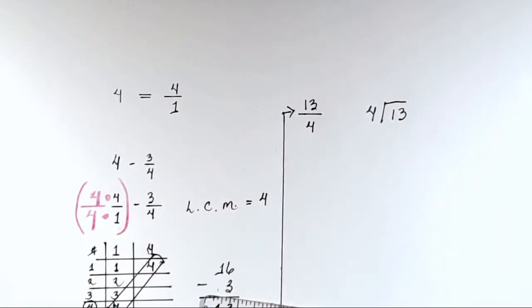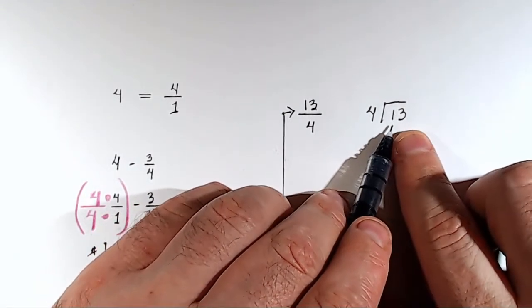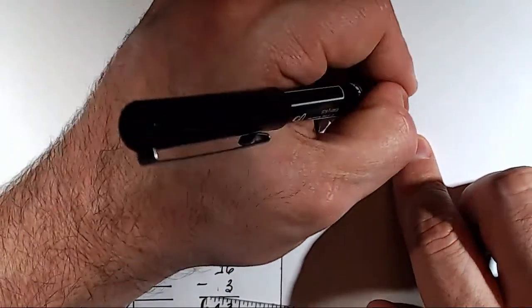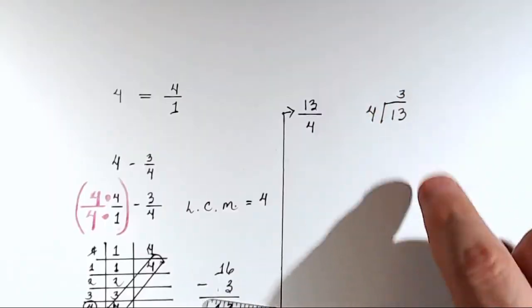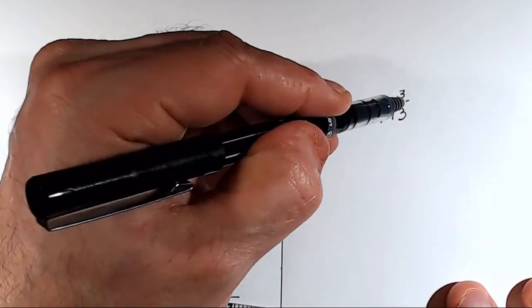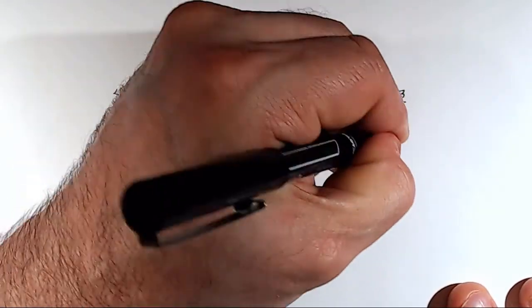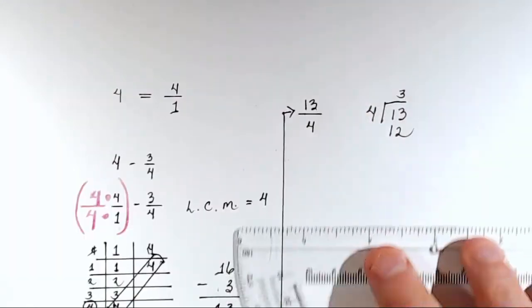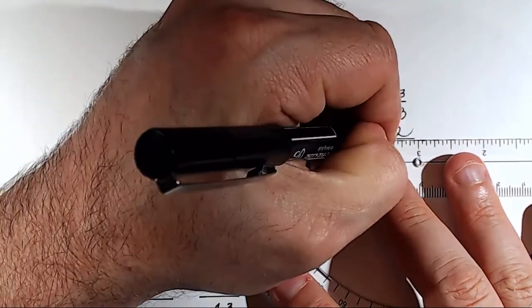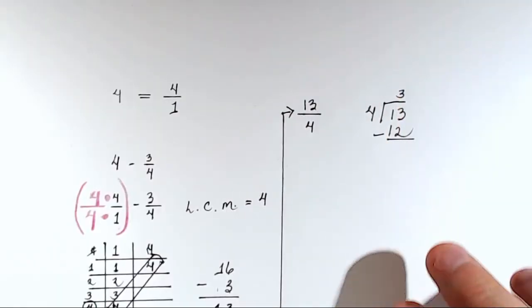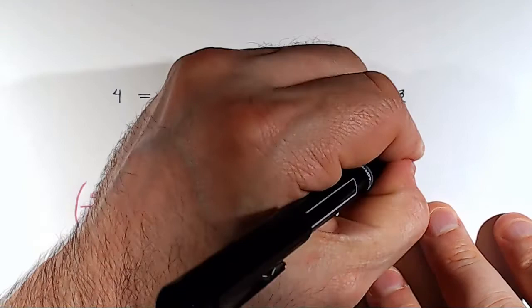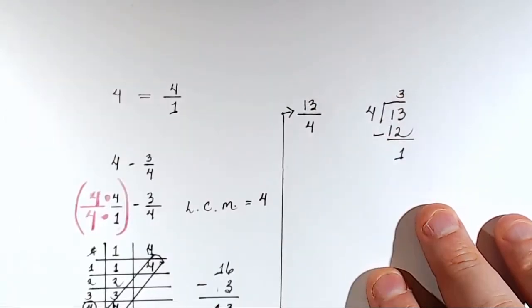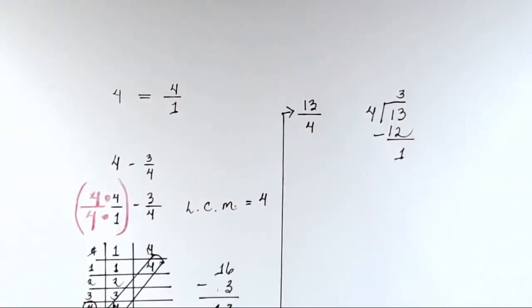Okay, 4 times 4 is 16, so it will only go into 13 3 times. So put a 3 above the 3 right here, and then multiply 3 times 4, and you get 12. Now draw a line and subtract. So 13 minus 12 leaves 1.